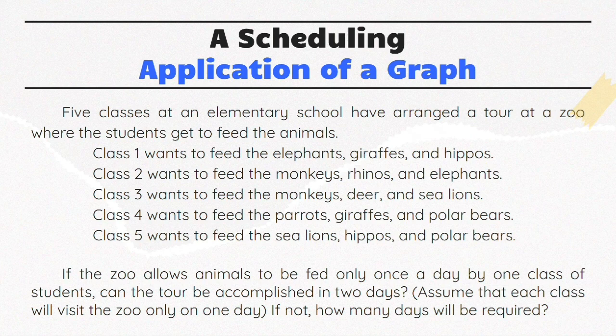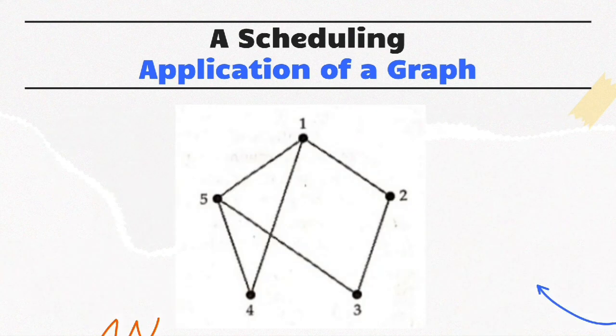So as what we did earlier, class, this information can best be represented by a graph. So we use vertices to represent each class: Class 1, Class 2, Class 3, Class 4, and Class 5. And we connect two vertices with an edge if the corresponding classes want to feed the same animal.